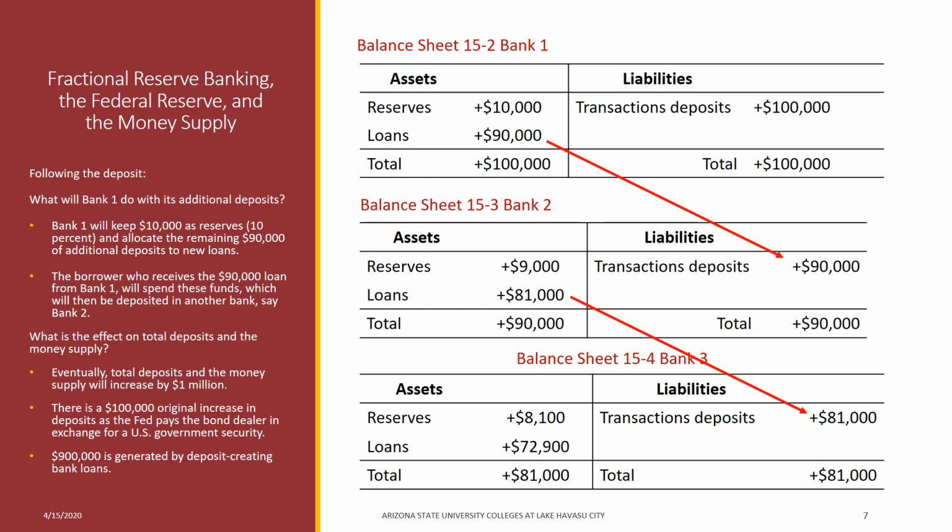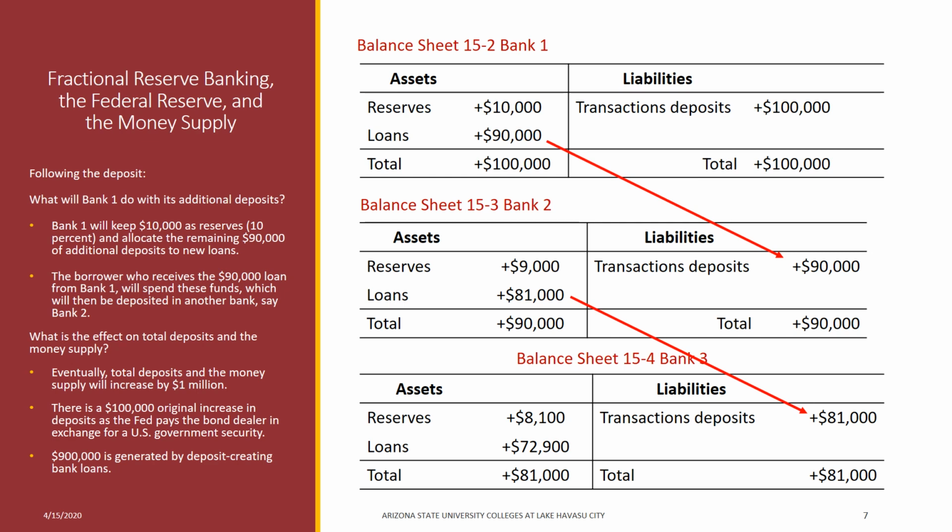At this bank, as you can see here in balance sheet 15.3, transaction deposits, hence the money supply, increased by $90,000. Bank 2 adds 10% of these deposits, or $9,000, to its reserves. It uses the remaining $81,000 of the new deposits to add $81,000 to its loans.